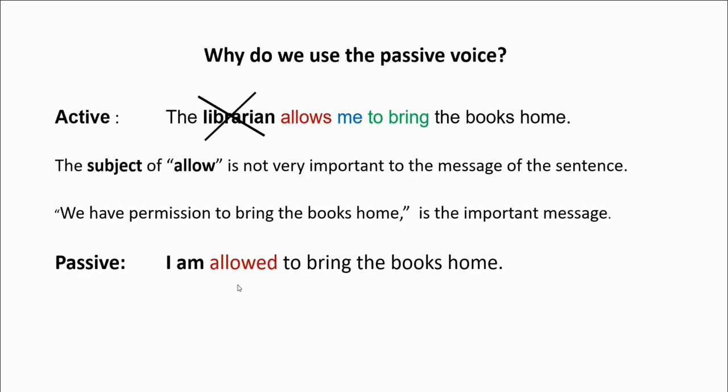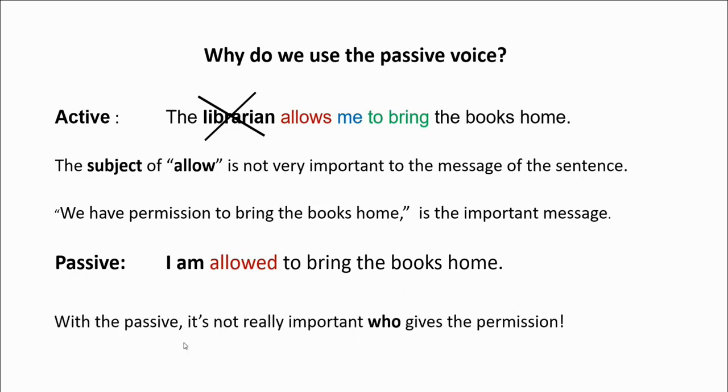I am allowed to bring the books home. So, in conclusion, with the passive, it's not really important who gives the permission. And we don't even mention it. All right? Again, with the passive, it's not really important who gives the permission, and we don't even mention it.